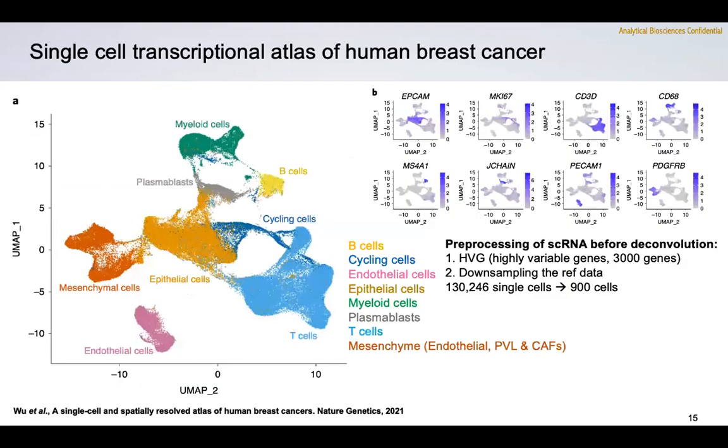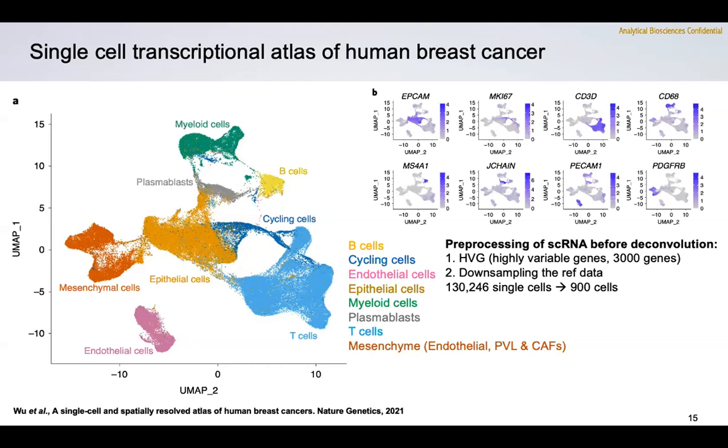From that single-cell data reference, as you see in the UMAP, we see 9 different groups of cells like B cells, cycling cells, endothelial, epithelial, myeloid, and mesenchymal cells that included endothelial, PVL, perivascular-like elements, and cancer-associated fibroblasts. Those clusters were annotated based on the expression of canonical gene markers on the top right.